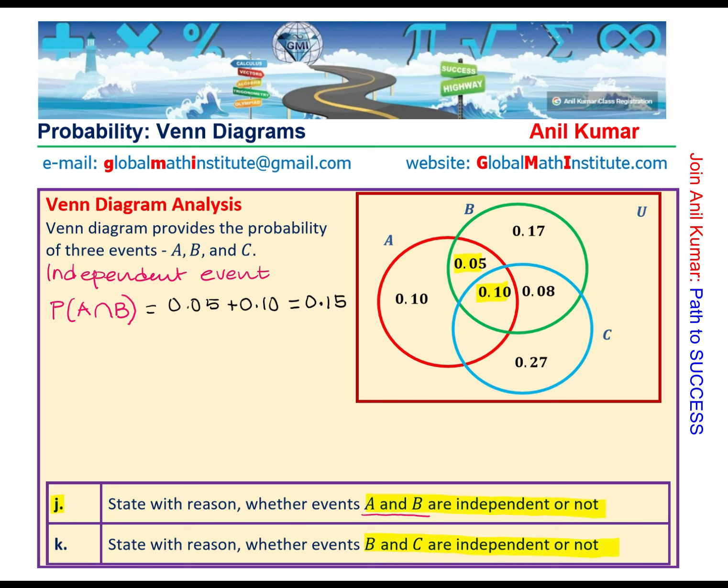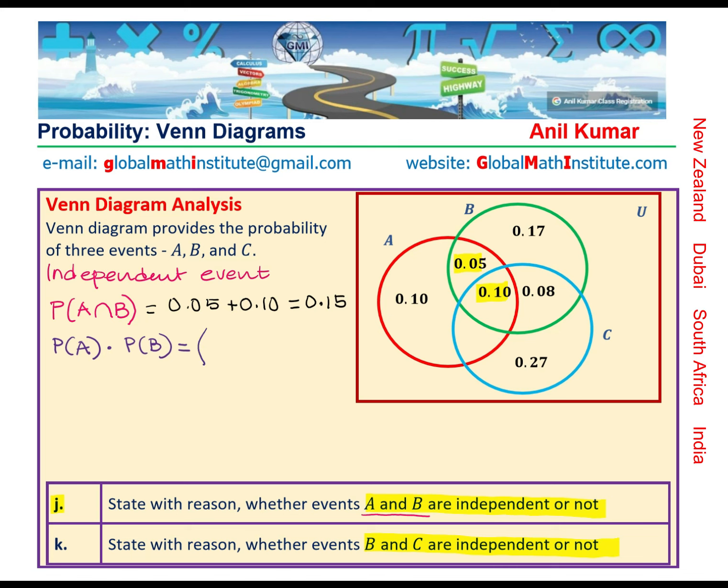Now, if this probability is the same as probability of A times probability of B, then it becomes independent, otherwise it is dependent. And now let's find the probability of A times probability of B. Now, probability of A is the sum of these three, right?